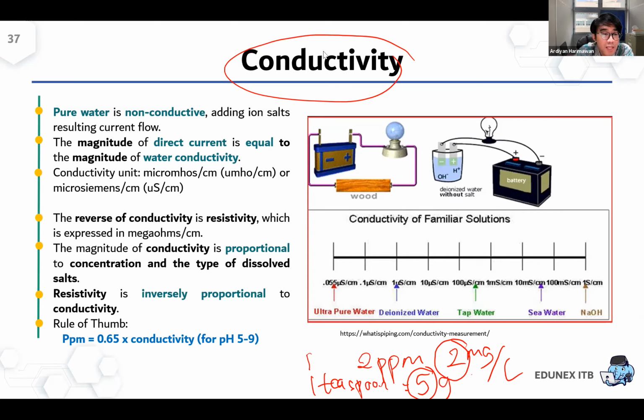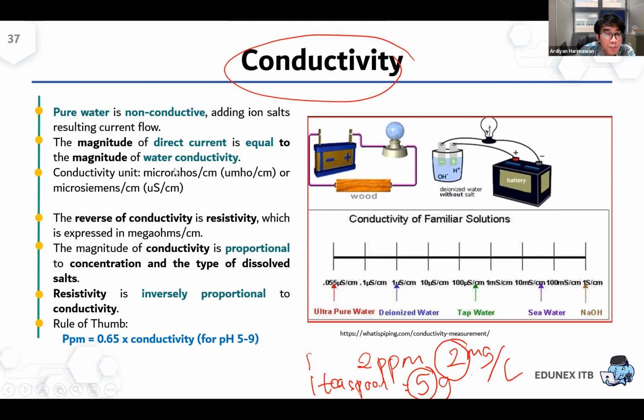Okay, the opposite of conductivity, we call it resistivity. Resistivity is inversely proportional, and as a rule of thumb, if you have water with a pH around 5 to 9, the concentration of salt will be around 0.65 times the conductivity.